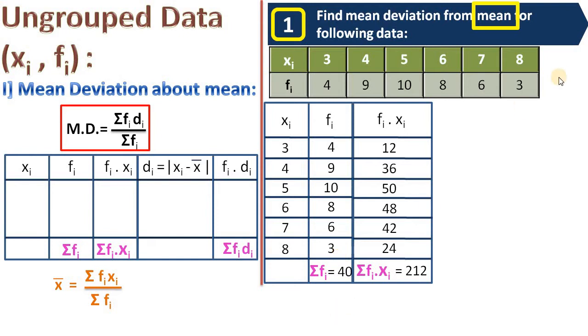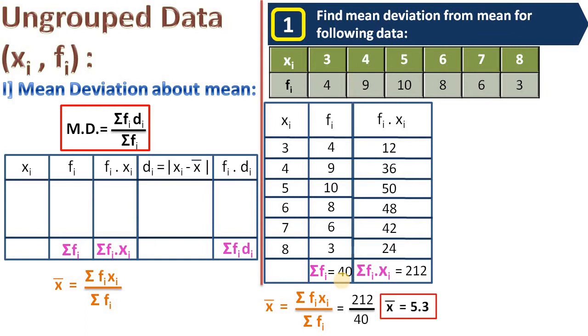Now we have to calculate the mean, which is denoted by the letter x bar, and what will be its formula? Sum of the last column, summation fi xi, divided by the sum of frequency, summation fi. So put the values. Summation fi xi is 212 divided by summation fi, which is 40.